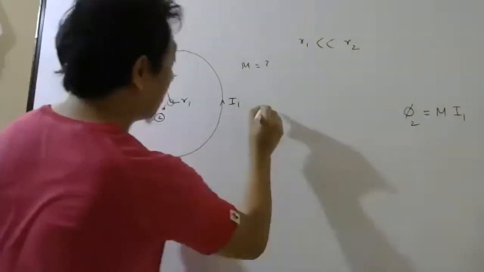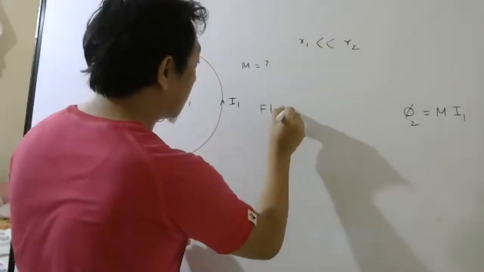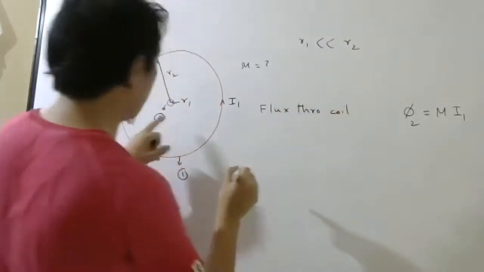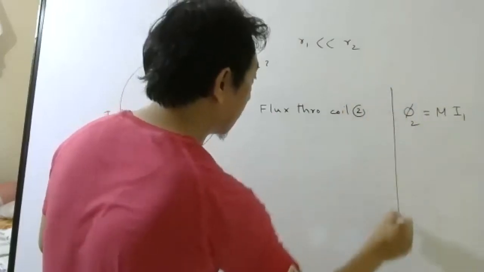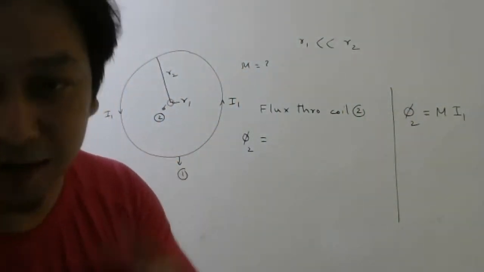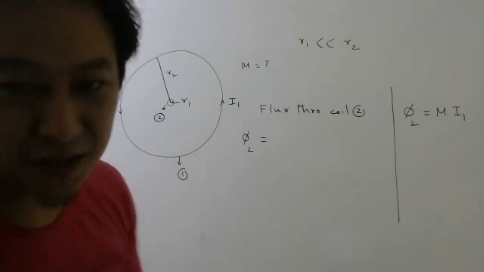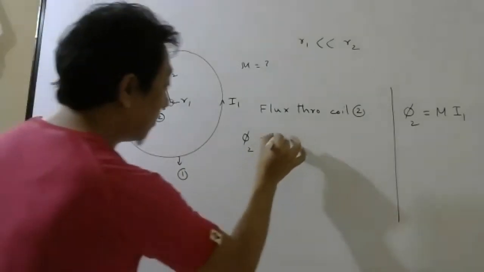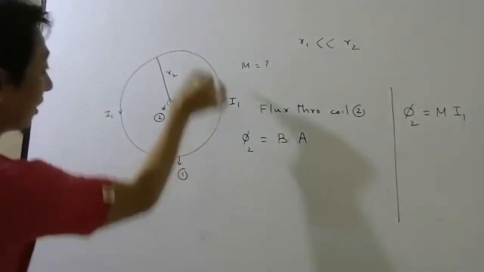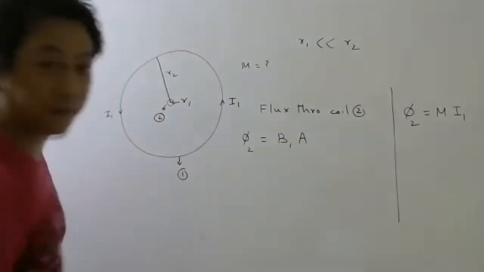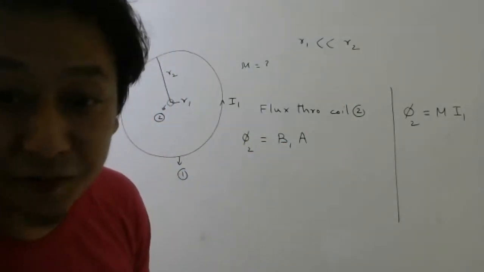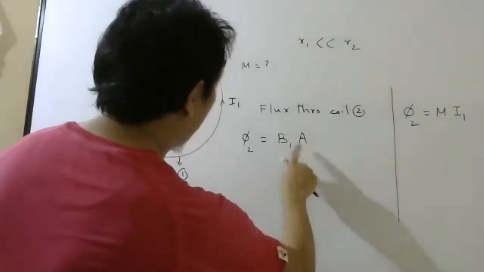So flux through coil 2 equals BA; only one turn is there, so no number of turns. But this B is due to this current, so B1. And A is the area through which I am calculating the flux.